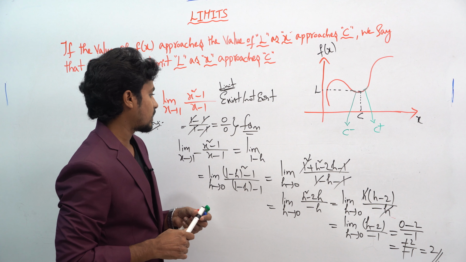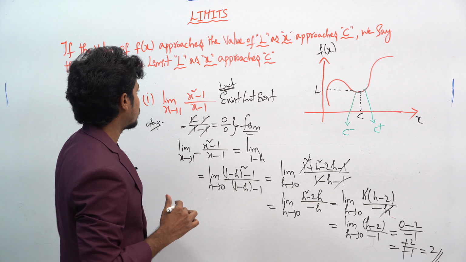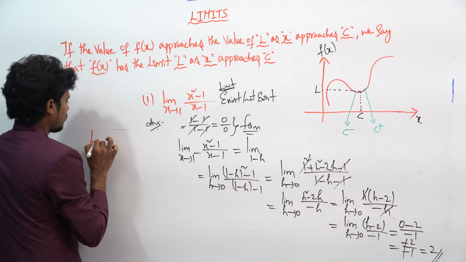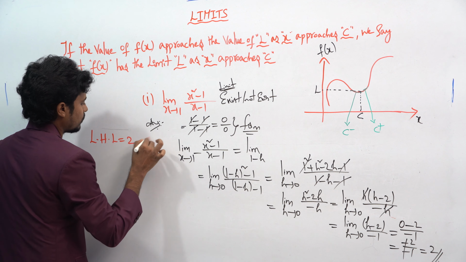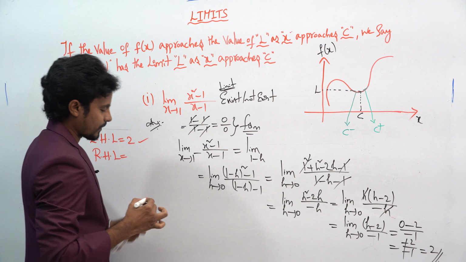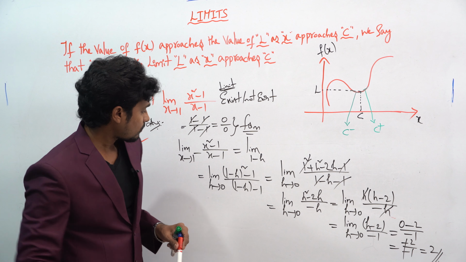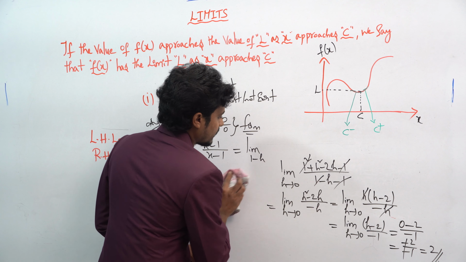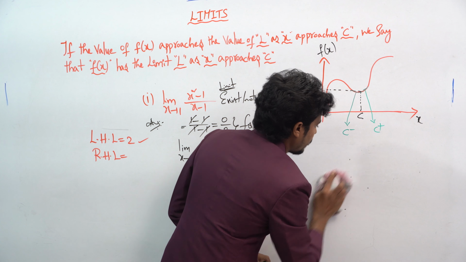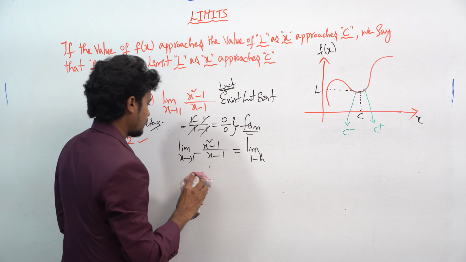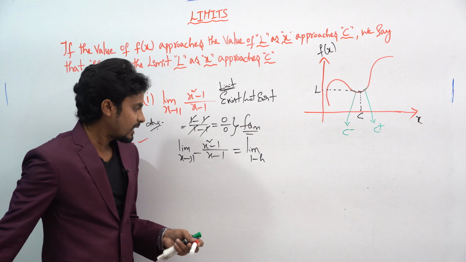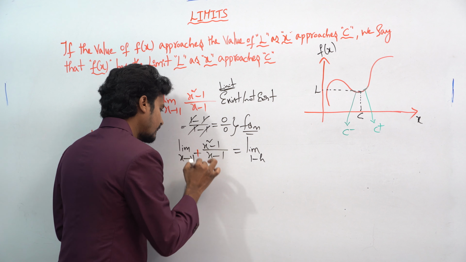So now let's check what will happen to the right hand limit. The left hand limit is equal to 2. Now let's check the right hand limit. Similar case, you have to replace x tends to 1 minus with x tends to 1 plus.